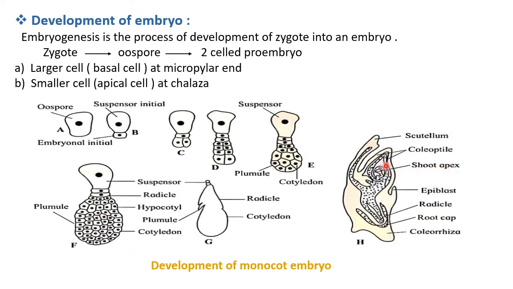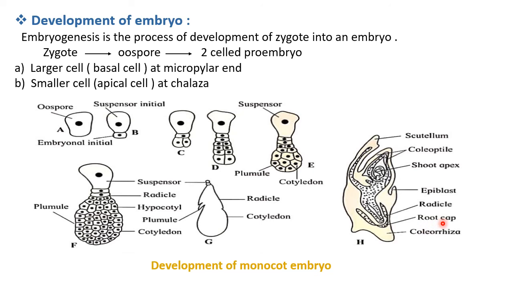Then epiblast is present at the center. The radicle is at the lower side and the radicle is protected by a covering called coleorhiza. Then this radicle later on develops into a structure called root cap.